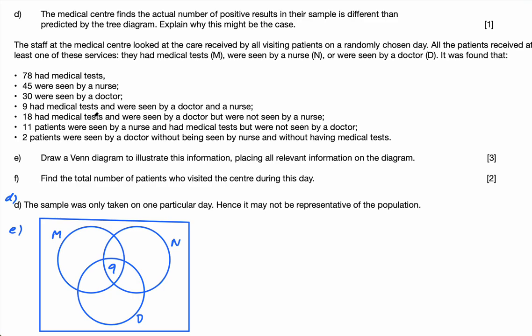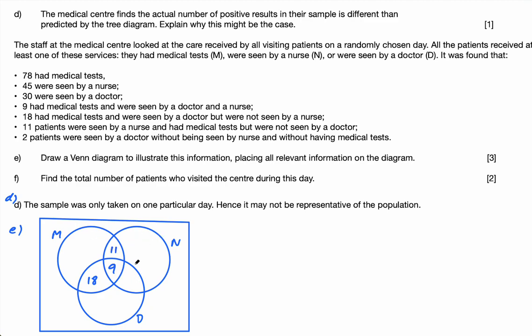18 had medical tests and were seen by a doctor but were not seen by a nurse. Medical test and doctor, but no nurse. That's this one. It's the M and the D, but there's no N. 11 patients were seen by a nurse and had medical tests, but were not seen by a doctor. That's this one. 11.